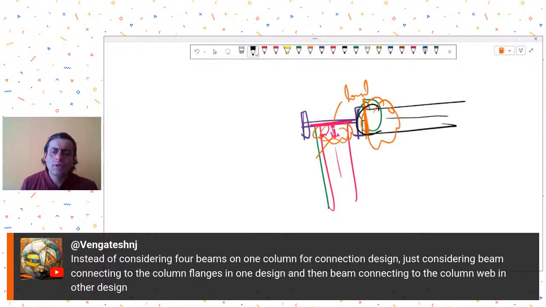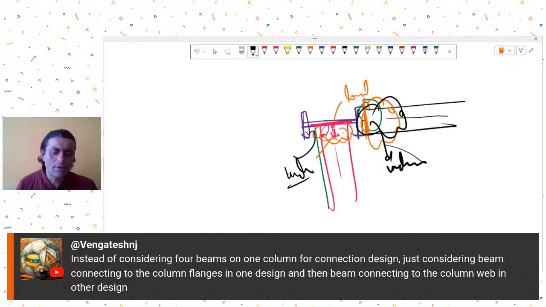So you could develop this connection individually, and this connection individually, no need to model all of them together. And then of course their combined effect is getting covered in your overall analysis model that you have prepared, let's say on ETABS or STAAD or whatever. So the overall effect of the two beams joining from two sides and their moments and shears is anyway getting covered in your main analysis model.